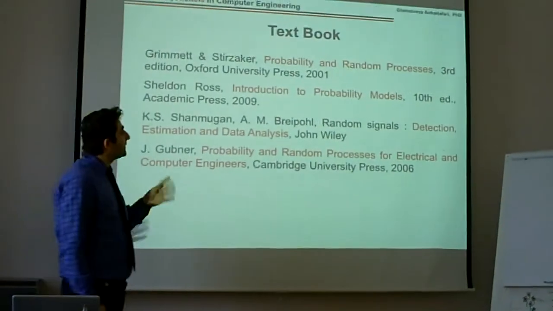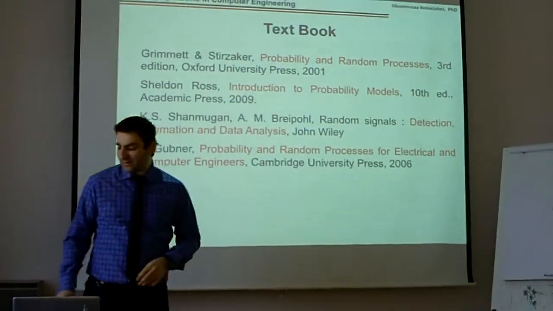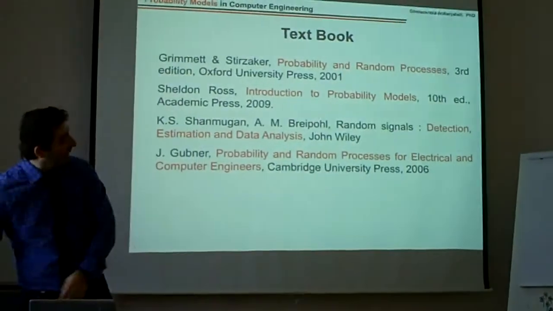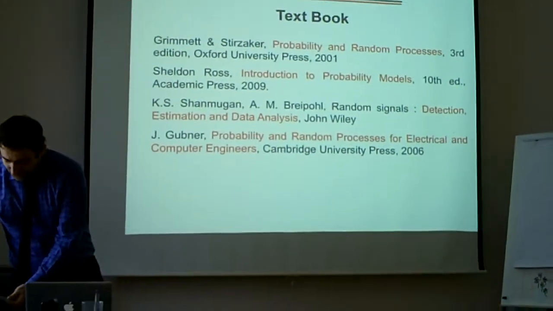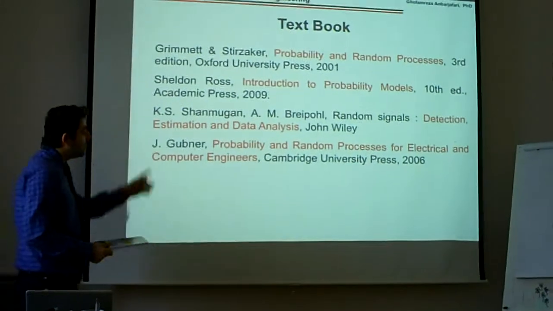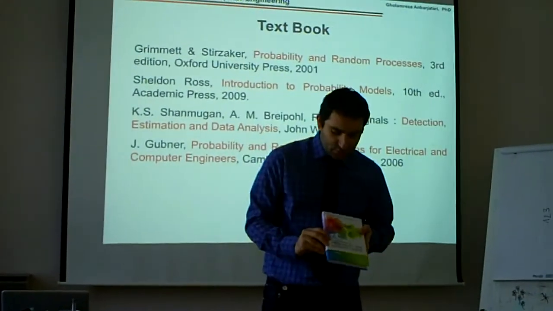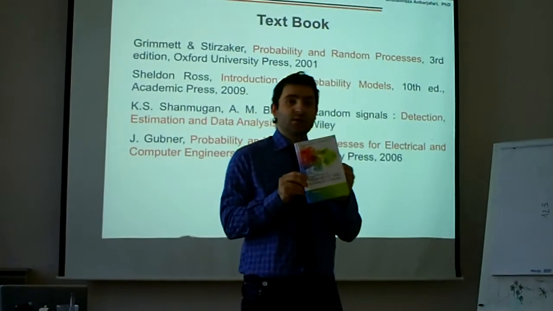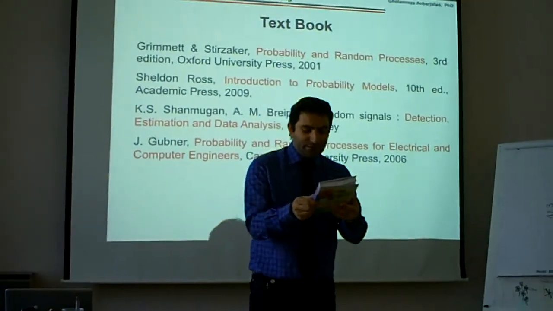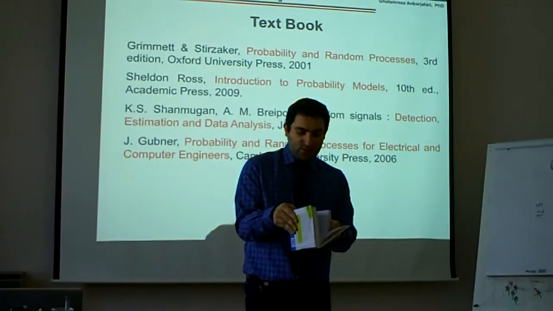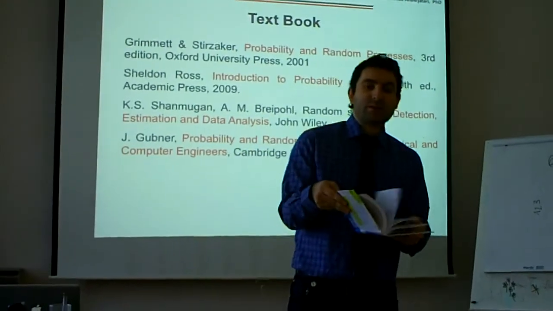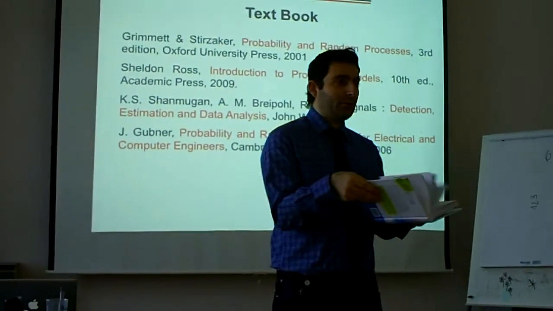Now, there exist lots of textbooks which you are responsible to have a look at. But there is a book which is not mentioned in here, and it's called A First Course in Probability. I don't think that it's available in the library because it's a 2014 book, but you can always take it from me to have a look at it.